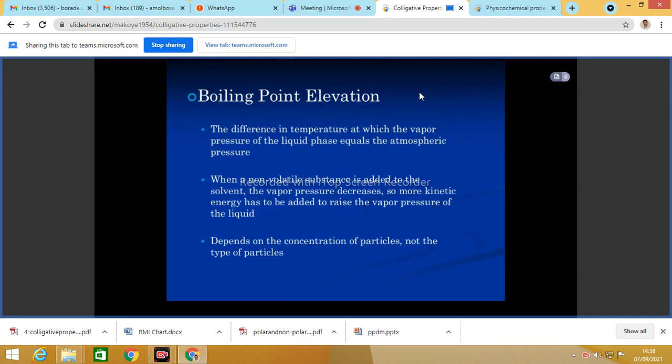So the boiling point of the water got raised, and why did this happen? Due to the presence of 10 sugar molecules in it. It is happening with the second beaker.